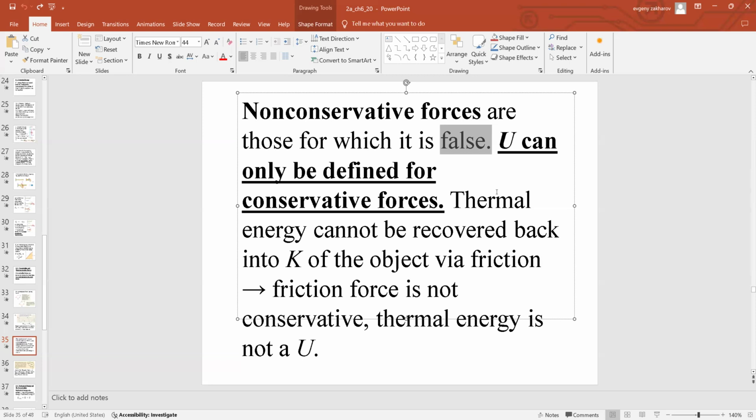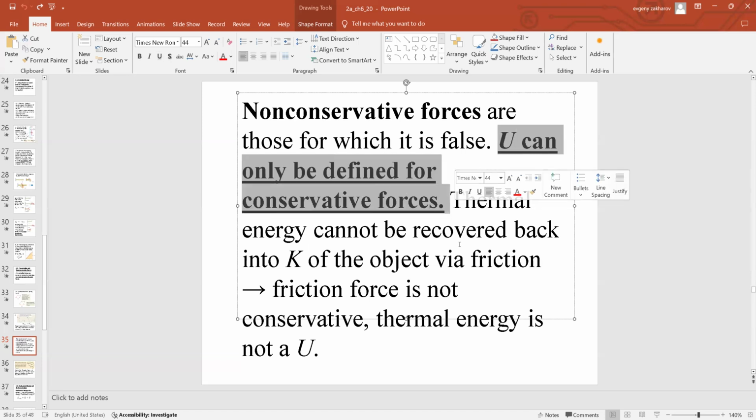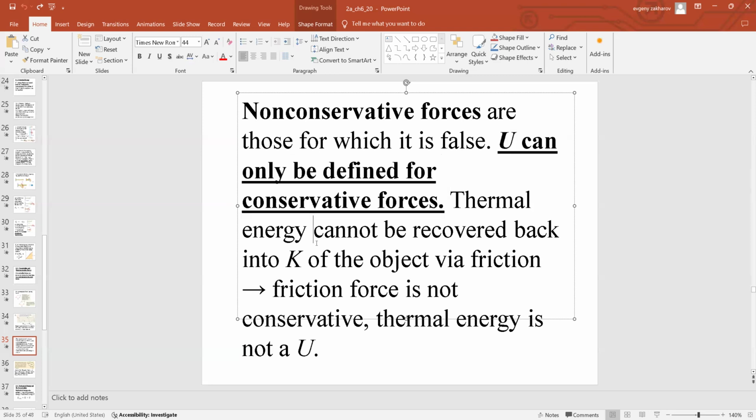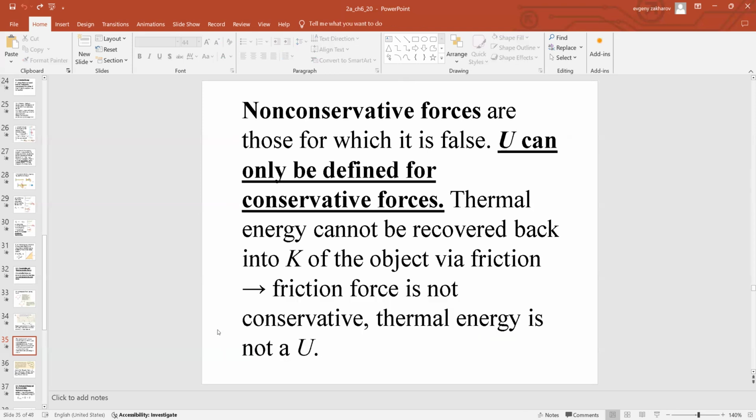And the more the distance, the more the losses are, and you will not get the same result for work done. So potential energy can only be defined for conservative forces, and conservative forces, once again, for this class are only gravity and spring force. Other forces, you can't say conservative, you do not define potential energy. Friction is not conservative. Thermal energy is not a potential energy. Easy as that.